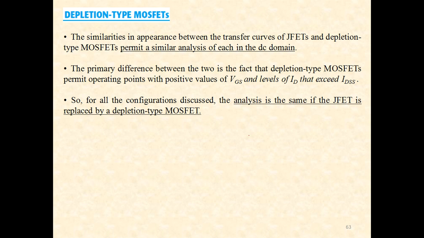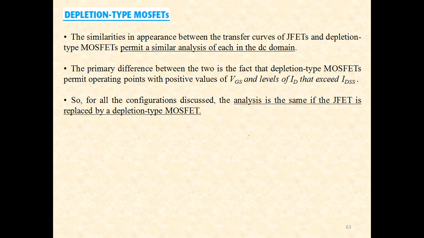And why is that? The simple reason is we had seen in one of our previous classes that the Shockley's expression holds good for JFETs and it also holds good for depletion type MOSFETs, except that the Shockley's expression cannot be applied in the enhancement range. So apart from that everything holds good.